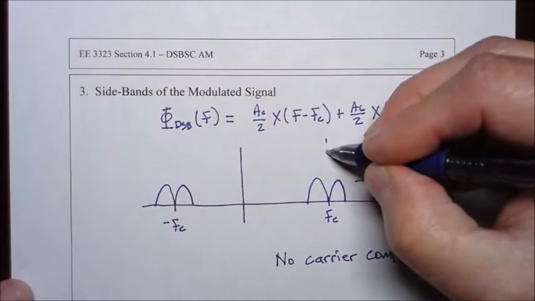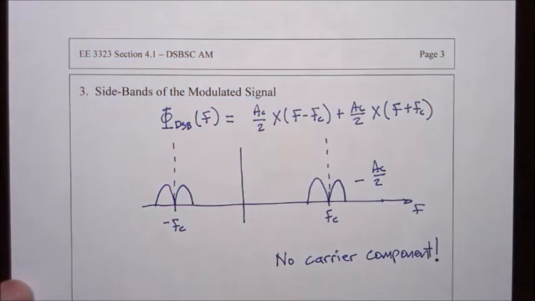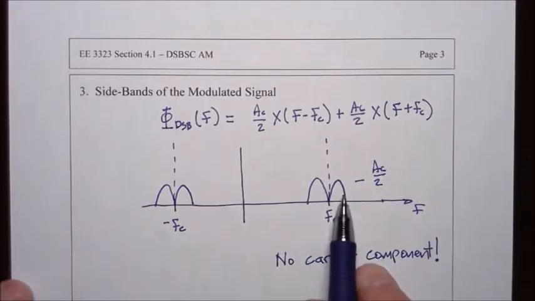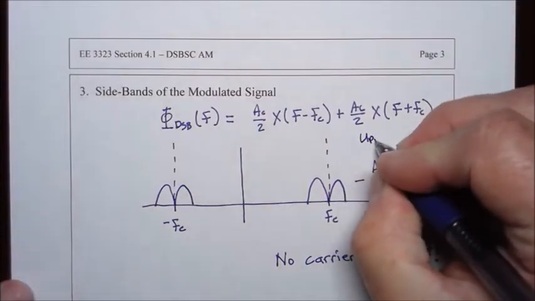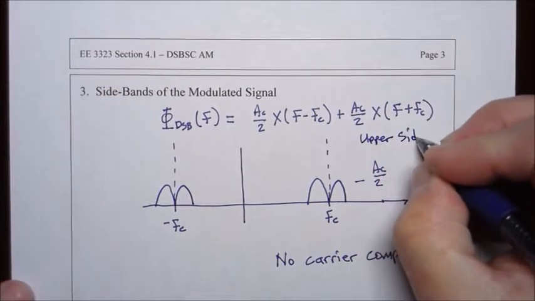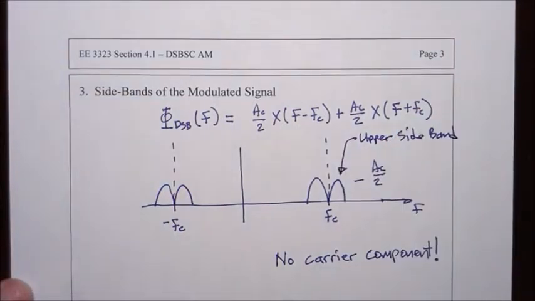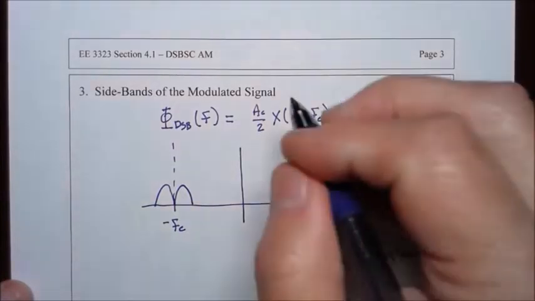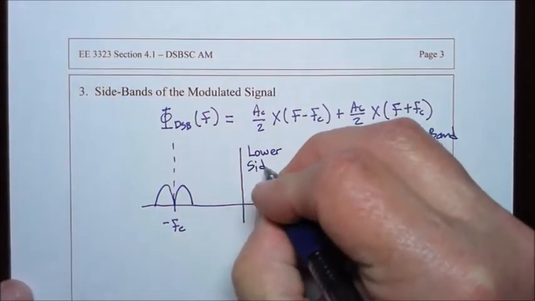If we draw a dotted line centered here at the carrier frequency, we can identify two sidebands. One sideband above the carrier frequency, that is the upper sideband. And we also have a sideband below the carrier frequency. This is obviously the lower sideband.